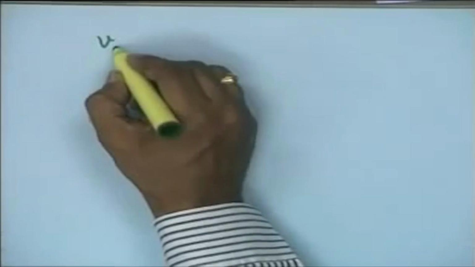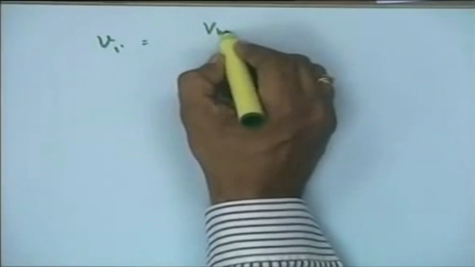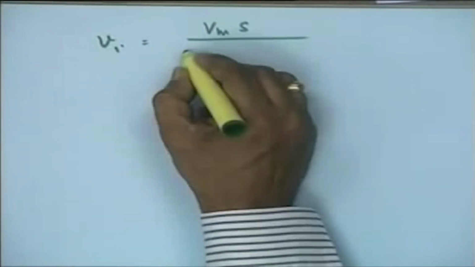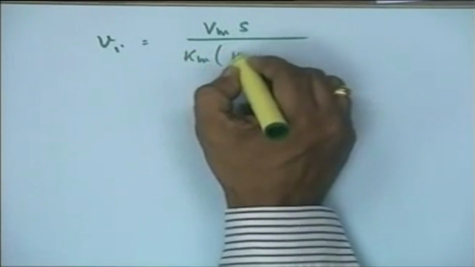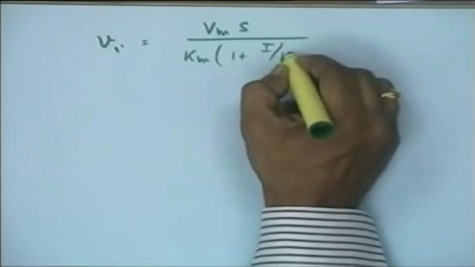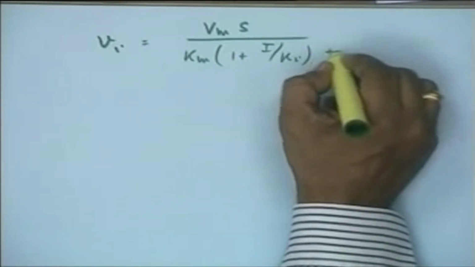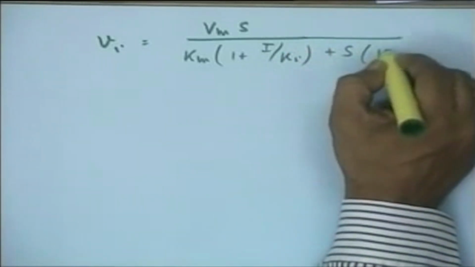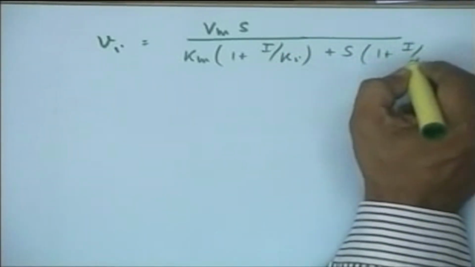In such cases the rate expression becomes modified as Vm into S upon Km into 1 plus I over Ki, plus S into 1 plus I over alpha Ki.